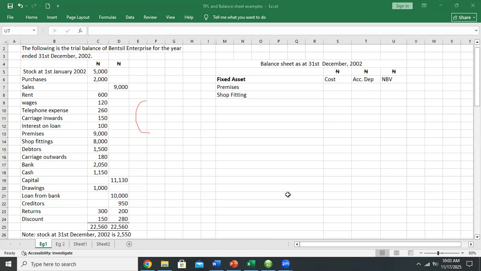Okay, thank you. So yes, these are the two fixed assets. If you go through the other items, your assets are on the debit side, and it's only your premises and shop fittings, right? There's no depreciation, so you can put the value straight under the net book value.